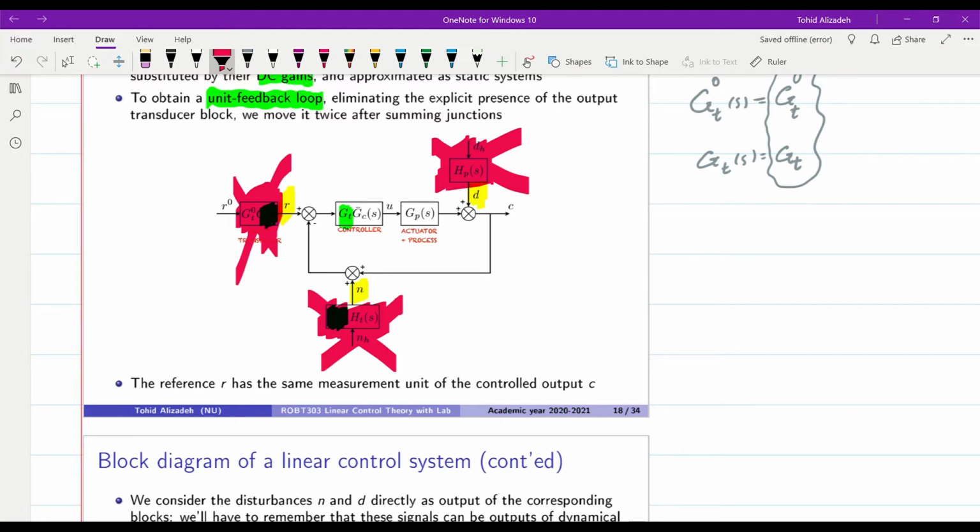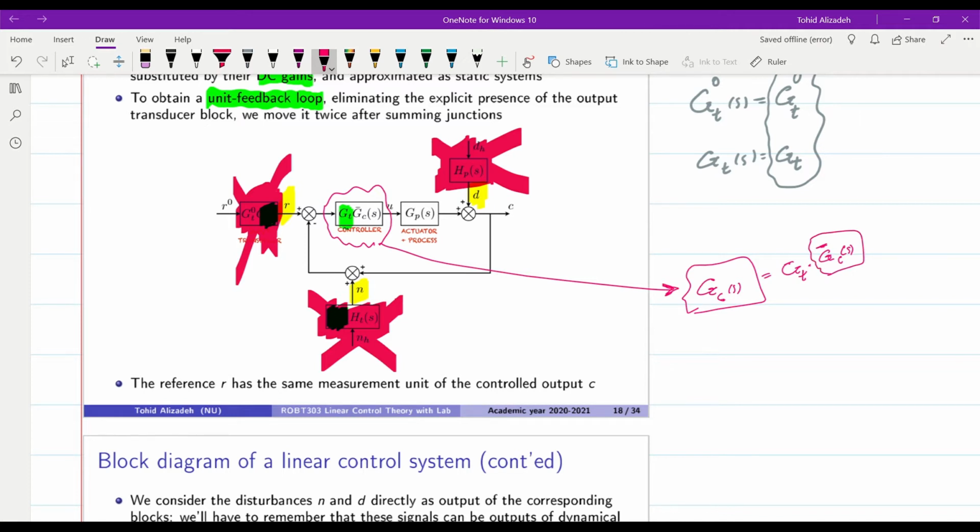One more thing to consider here is that we have GT times GC bar of s as the controller. We also replace it with GC of s, which is the transfer function for the controller. However, we should also keep in mind that this GC of s is equal to GT, which is the DC gain of the transducer, times the GC bar of s, which will be the actual controller.